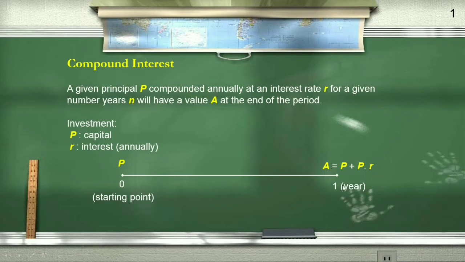So this money becomes P times 1 plus R by doing factorization. And now we are going to know this capital P if we save in the bank for 3 years.